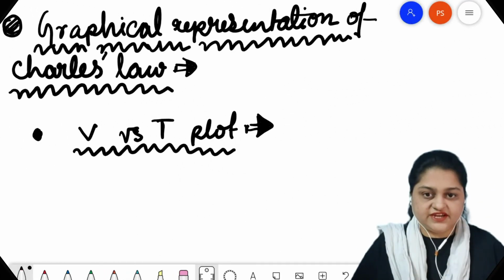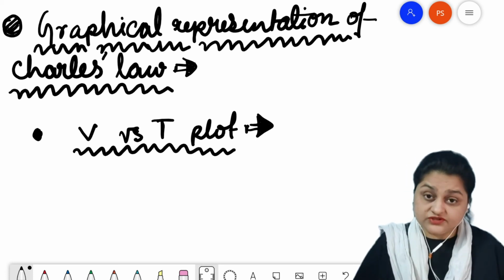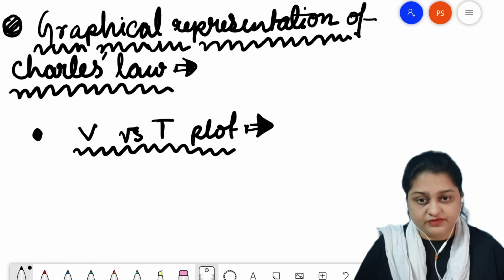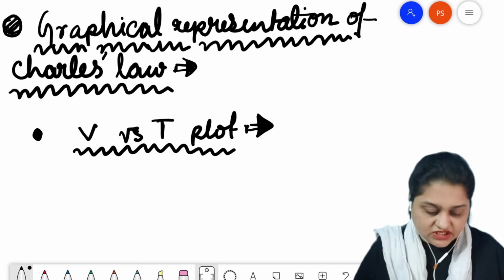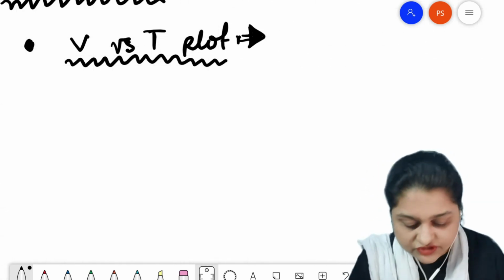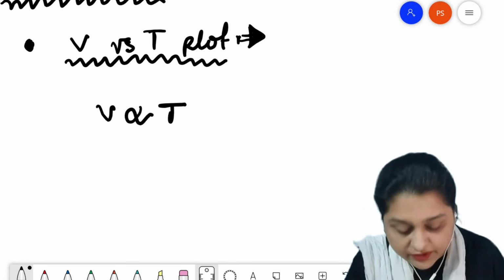The alternate statement of Charles law can also be explained on the basis of a graphical explanation. The first graphical explanation that we will do is the V versus T plot. Now the alternate statement for Charles law is V is directly proportional to the absolute temperature.